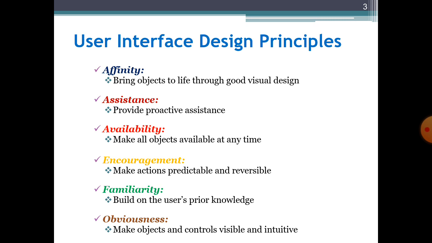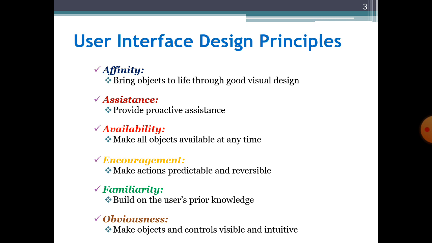The first is affinity. What is affinity? Affinity brings objects to life through good visual design. If we look in more detail, affinity means understanding the principles of visual design.